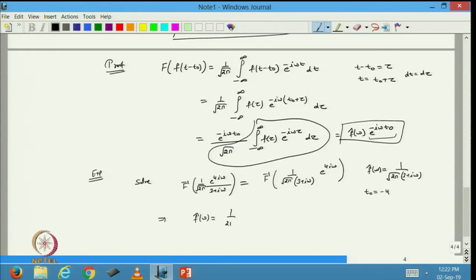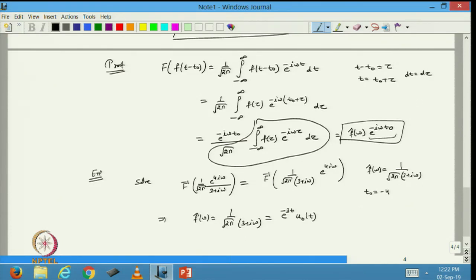So, from here now my f hat omega is 1 over 3 plus i omega. That is equal to, if you remember, e raised to power minus 3t into u naught of t.